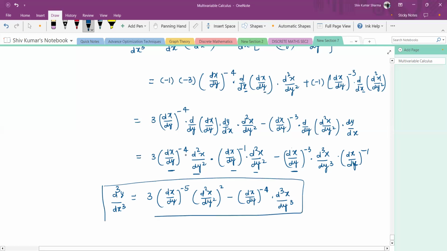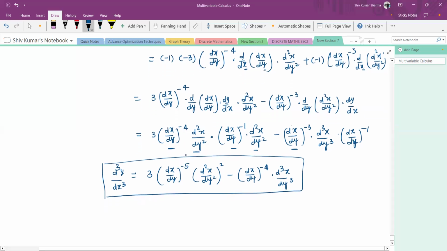So similarly, we can calculate fourth derivative, fifth derivative as required, and we change the independent variable x to dependent variable y. Okay, so second, we take as to change an independent variable into another independent variable.